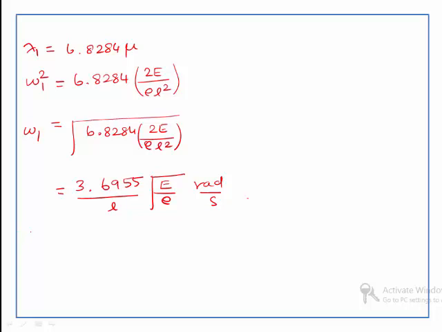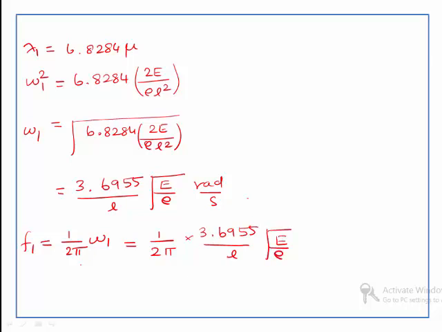So இதில் இருந்து natural frequency calculate பண்ணணும்னா we know that f1 formula is 1 by 2 pi into omega 1. Okay. So 1 by 2 pi into omega 1 calculate பண்ணி வச்சிருக்கோம் 3.6955 divided by L root of e by rho. So simplify பண்ணோம் அப்படின்னா 0.5882 divided by L root of e by rho. Unit for natural frequency is Hz.